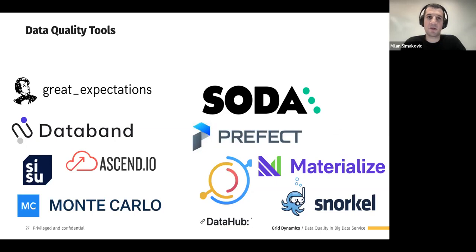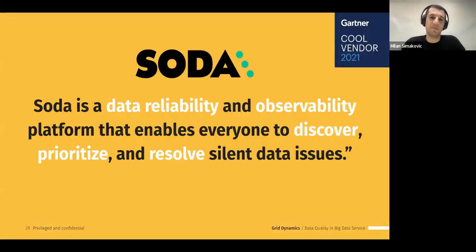For this presentation, we picked Soda. Why did we pick Soda? Because Soda is an open source tool, it's really good in terms of data reliability and observability, and it was also identified as a cool vendor this year by Gartner.